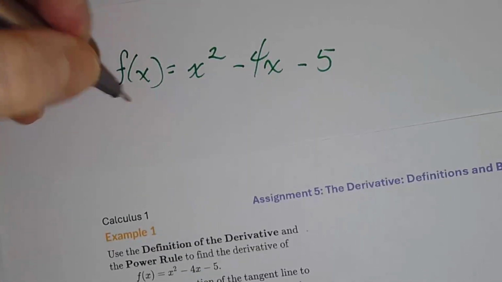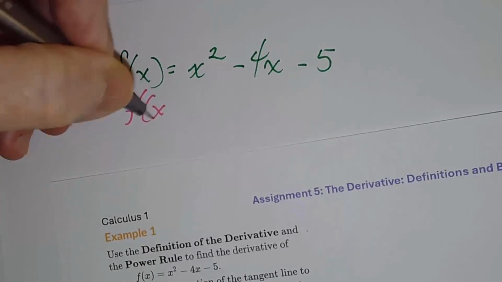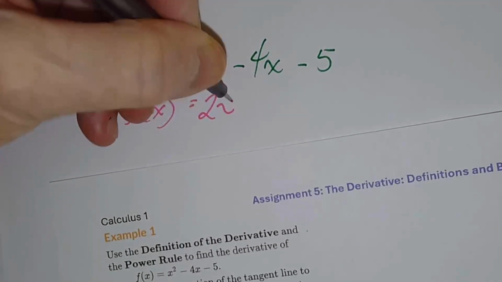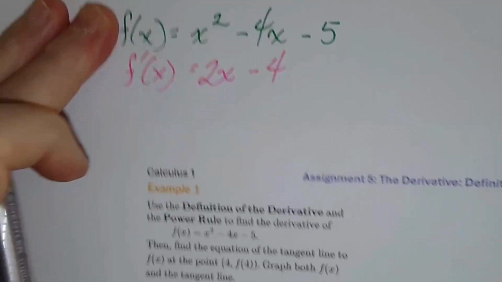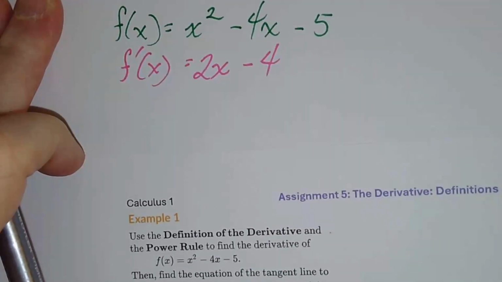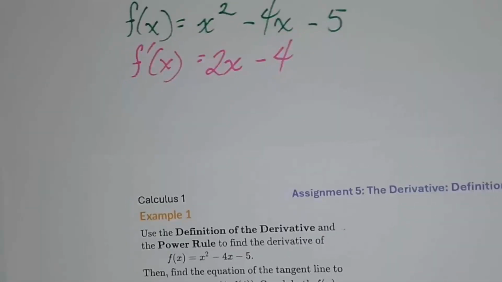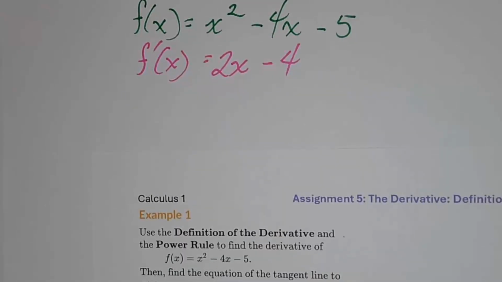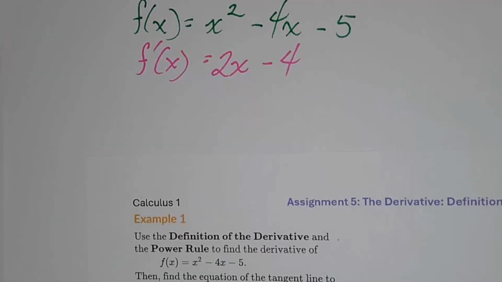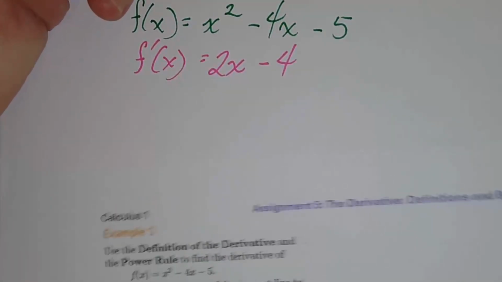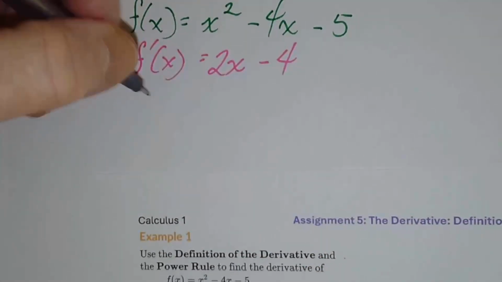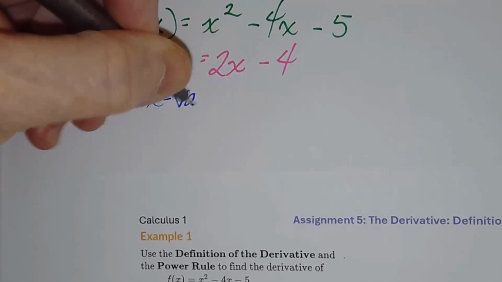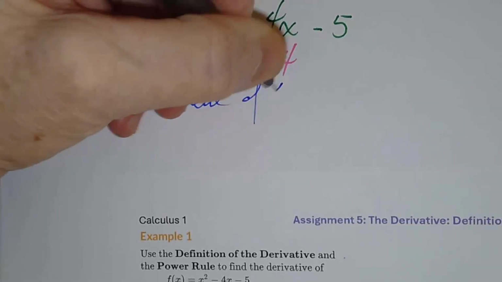We have that f prime of x is 2x minus 4. The derivative is the slope. The regular function gives us a y for every input x. And now we have the x value of 4.